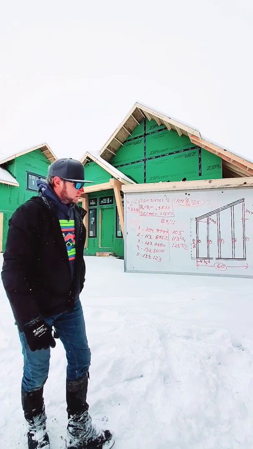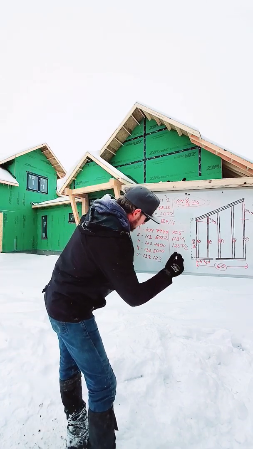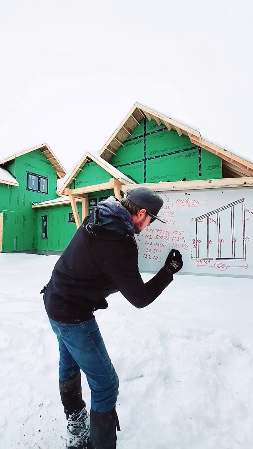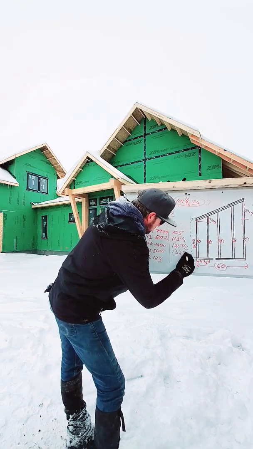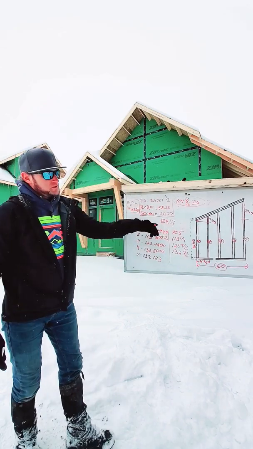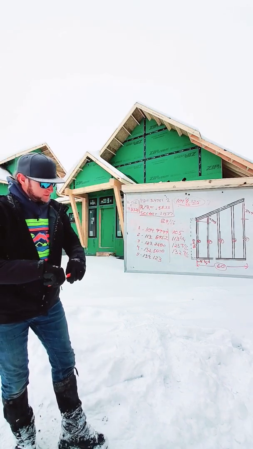0.5608 times 16 is 9/16. After you do this for a while, you start to memorize what some of these decimals are and how they convert into 16ths.